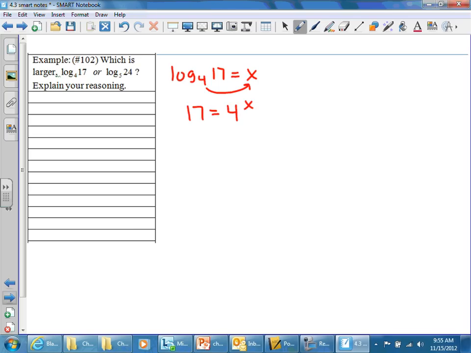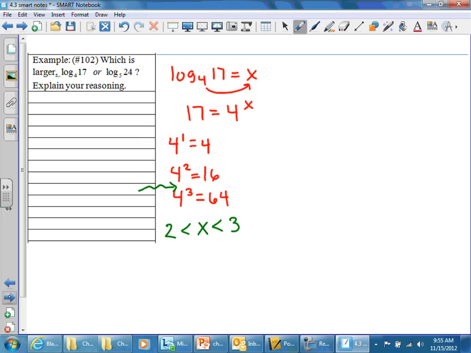Well, let's go through some powers of 4. Where would 17 fall? Somewhere in there, right? In between 4 squared and 4 cubed. So I know x has to be between 2 and 3.